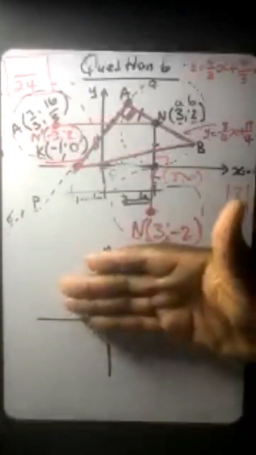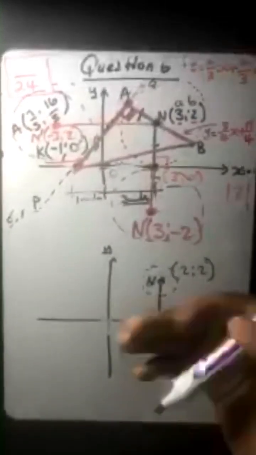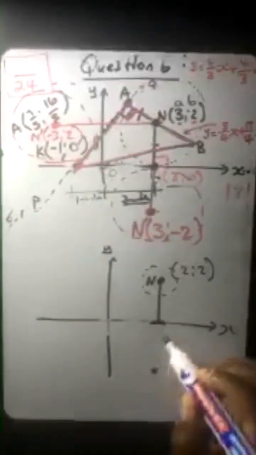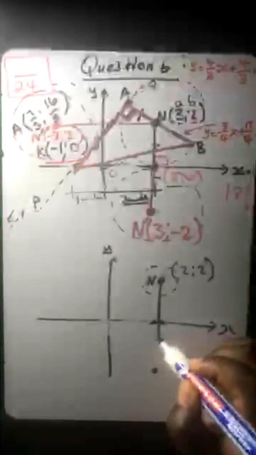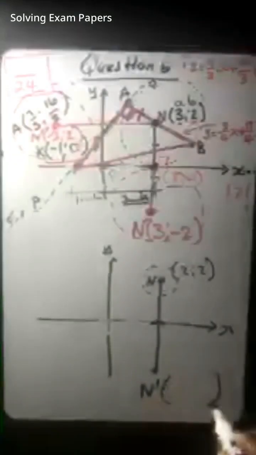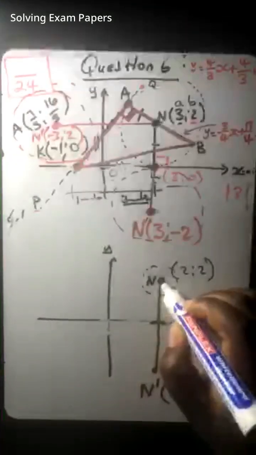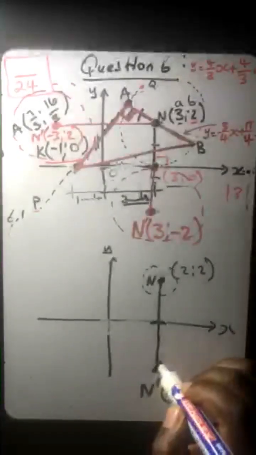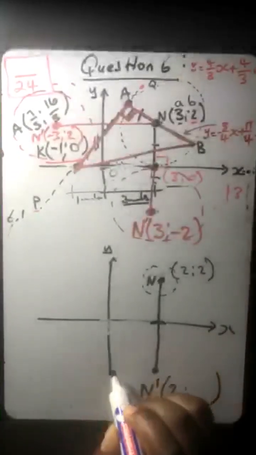If it's about the x-axis, you flip it about that x-axis. So from the x-axis to that point, you flip it, and it's going to be somewhere here, but still along that line. So the new N is still along that positive x value. But what changes now is the y value, because you see it's on the negative side.